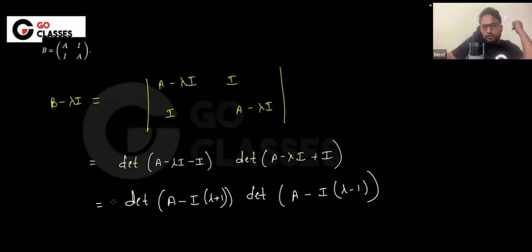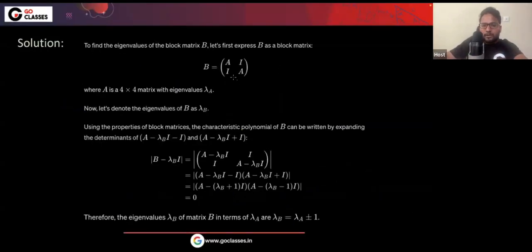Now from here, what can we say? Just think about it. We have got this, which means, let's suppose lambda B are the eigenvalues.